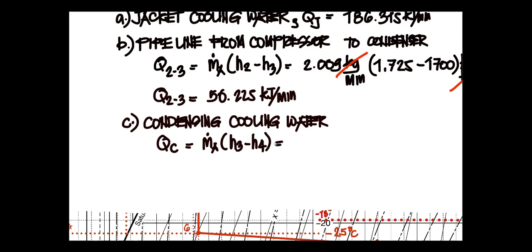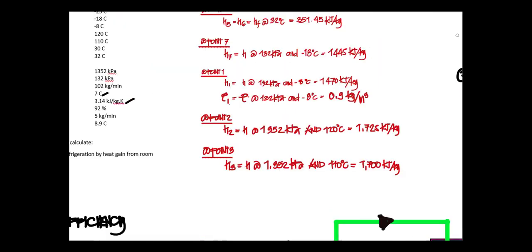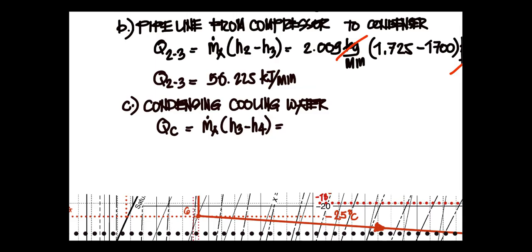So we have the value. From our table, your enthalpy at 3 is 1700. We multiply first our flow rate of our ammonia, that will be kilogram per minute. So we have enthalpy 3, that is 1,700.